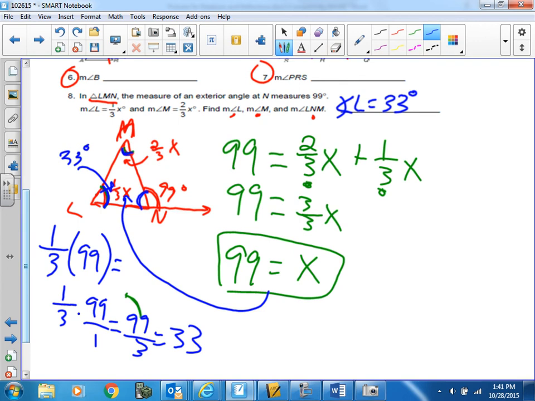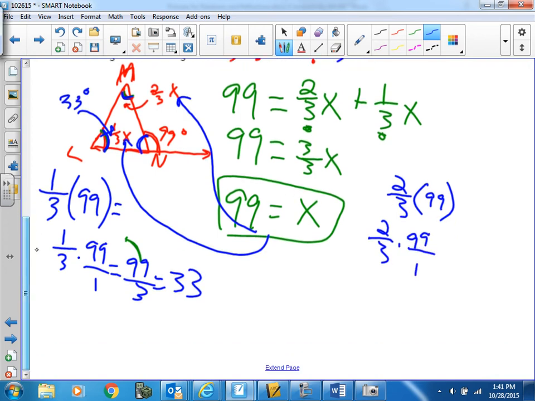Then I can plug it in here. So 2/3 times 99. And that's the same thing. That's going to be 2/3 times 99 over 1. We can use a little shortcut. We can actually cross cancel. So 3 goes into 3 once. 3 goes into 99 33 times, which equals 2 times 33 is 66 over 1.